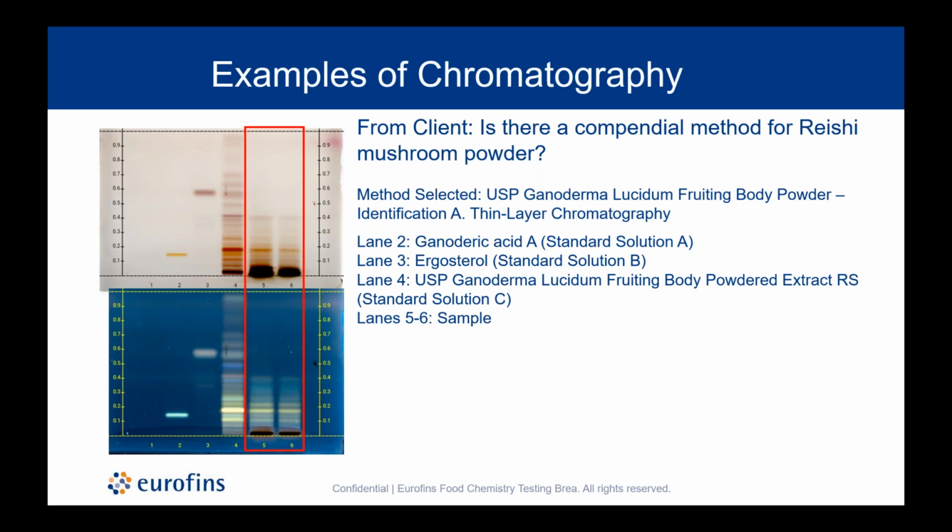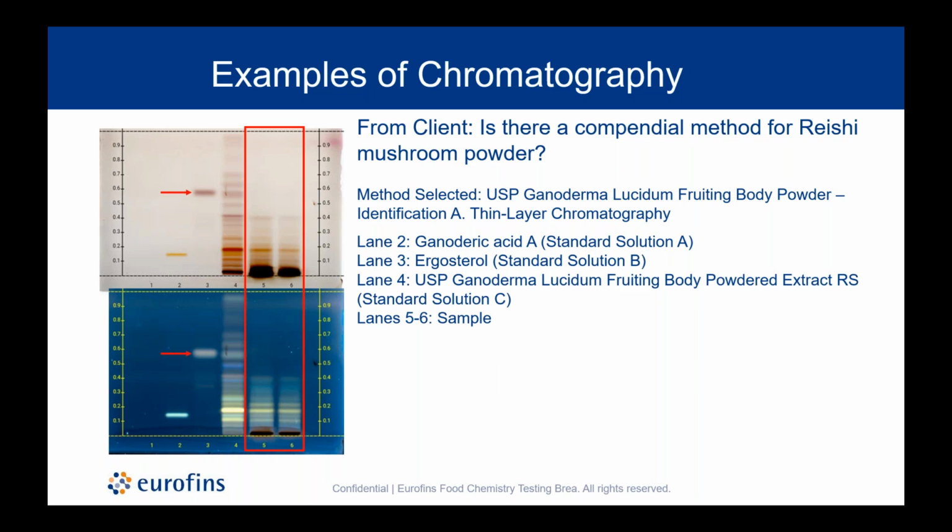The first standard is ganoderic acid A. The second standard is ergosterol, which you can see the arrows pointing to. And the third standard, just before the red box, is our USP Ganoderma lucidum fruiting body powdered extract reference solution. That's indicated as standard solutions A, B, and C in the method.